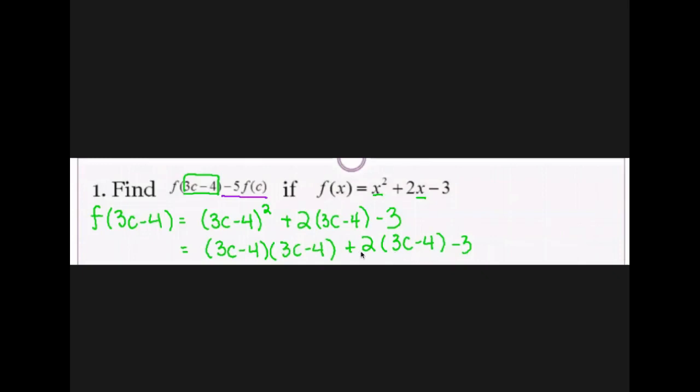Distribute the next two terms, and then combine like terms.